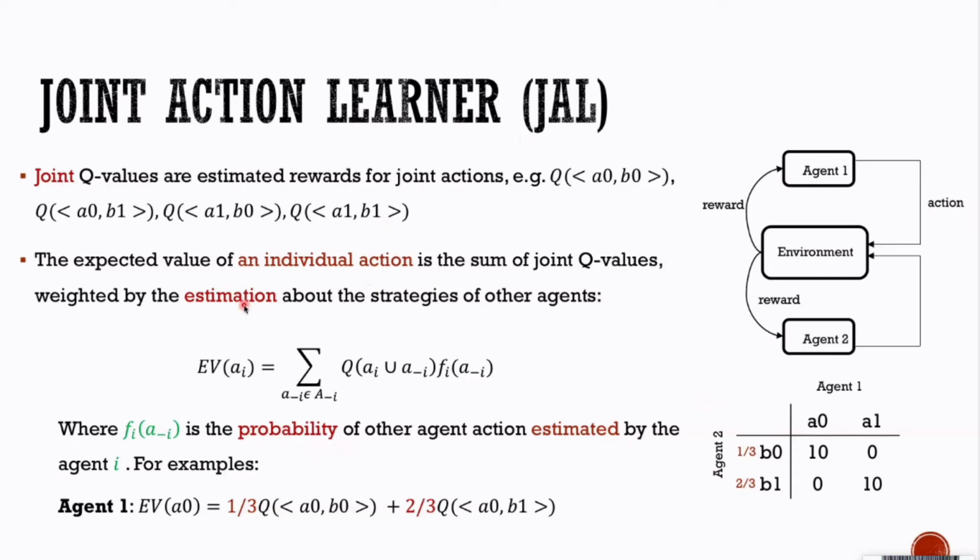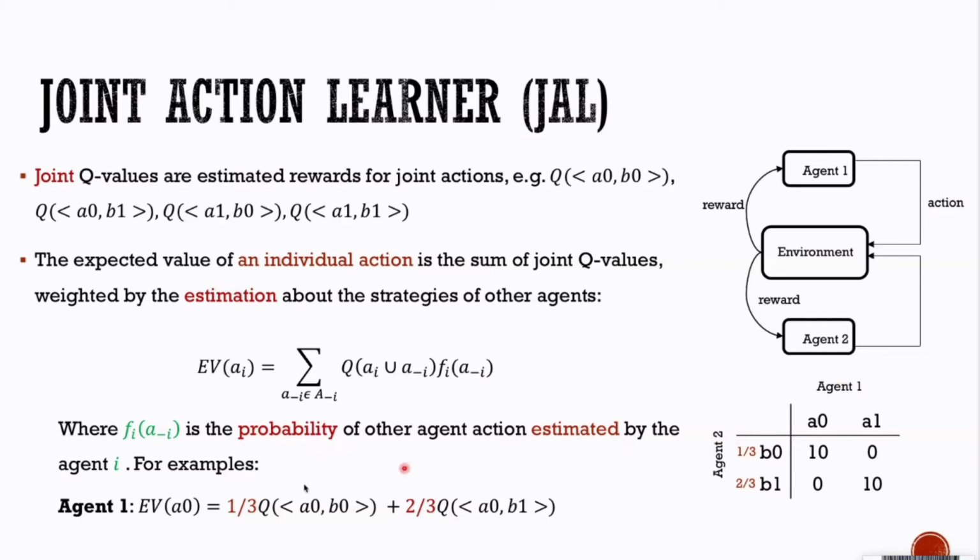The estimation here is this: every time we make a decision on the actions of our choice, the other agents also do. So we start counting, and eventually we will form a belief on the strategies that other agents are playing. For example, here we have agent one and agent two, and every time agent two picks B0, agent one will count it, and eventually it will have the information about the strategy agent two is playing.